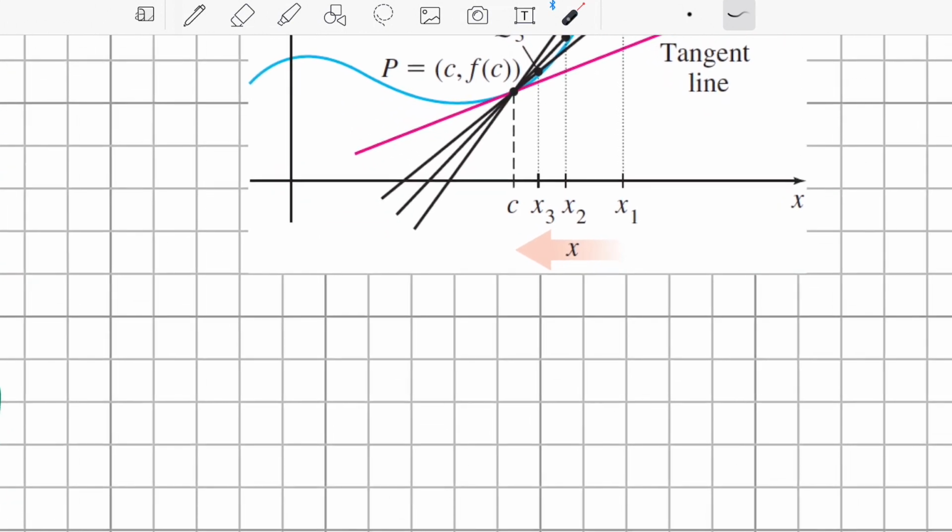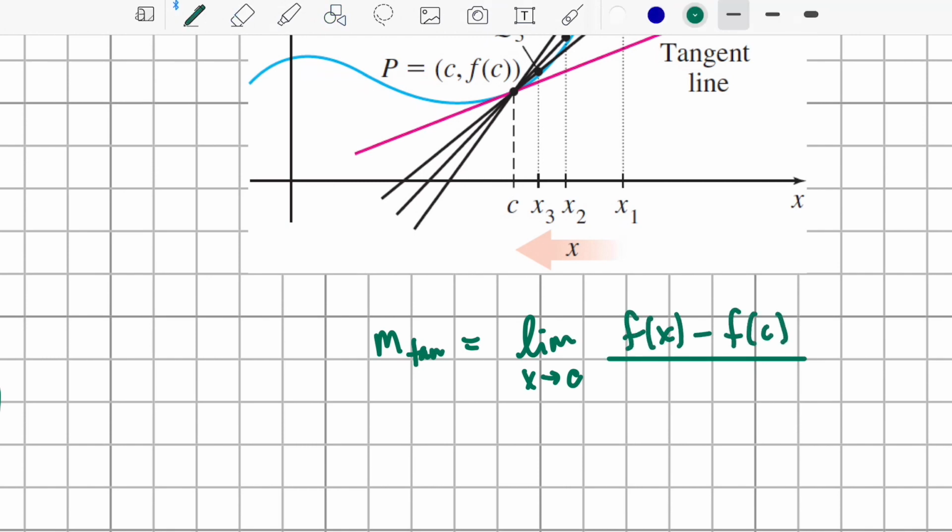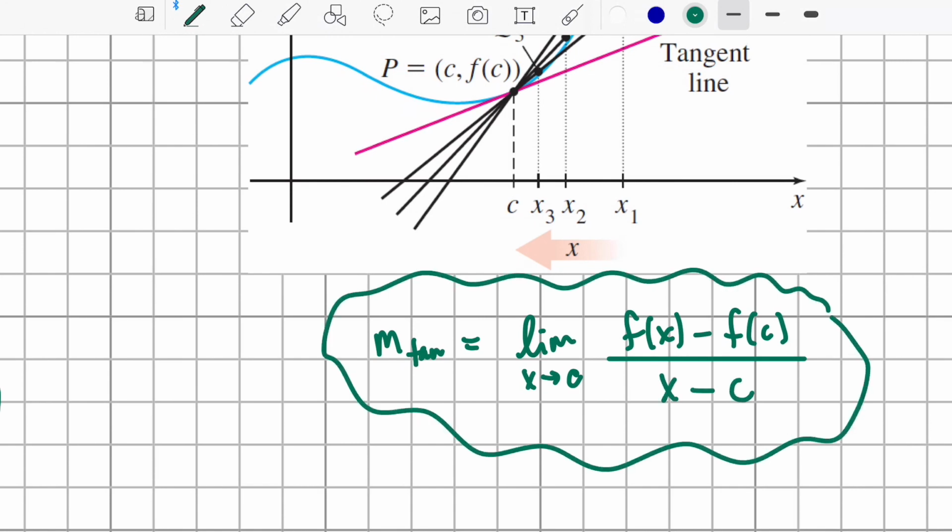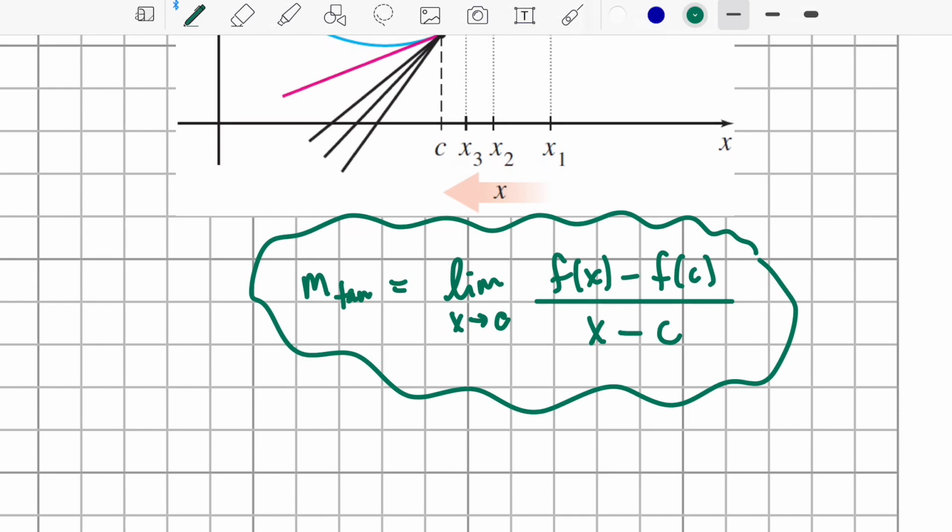In symbols, we write it like this: the slope of the tangent line, m tan, is the limit as x approaches c of f of x minus f of c divided by x minus c. Sorry, I said this is the slope of the secant line, but it is the slope of the tangent line.